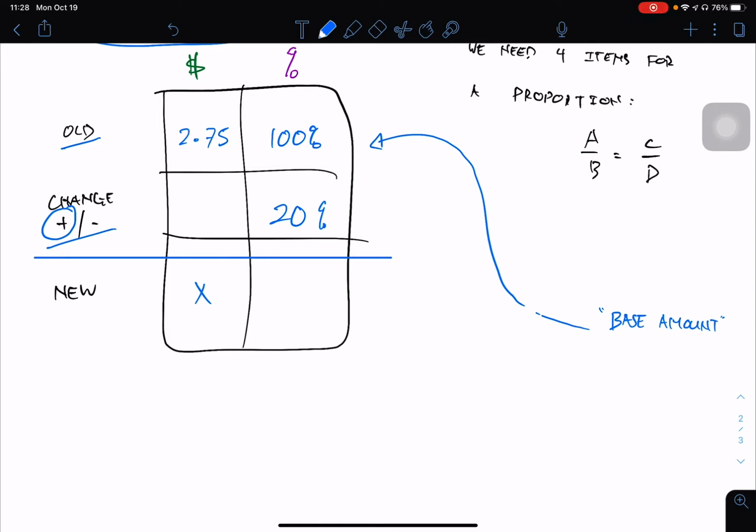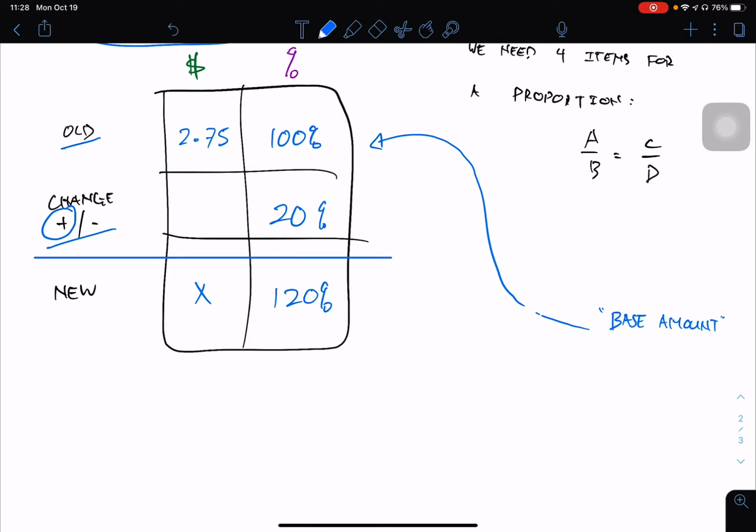You can take the third row, the new row, and subtract the change row and you get the old price. So it just becomes a big addition/subtraction problem. So if you had originally 100% of the cost and it rose by 20%, you now have 120%. So now we have this proportion.